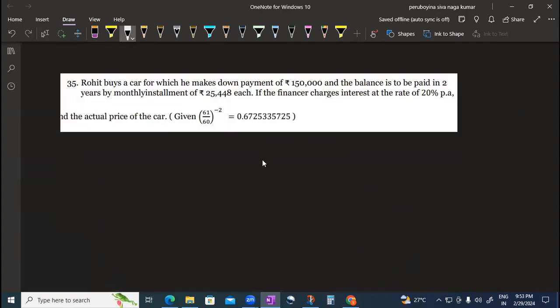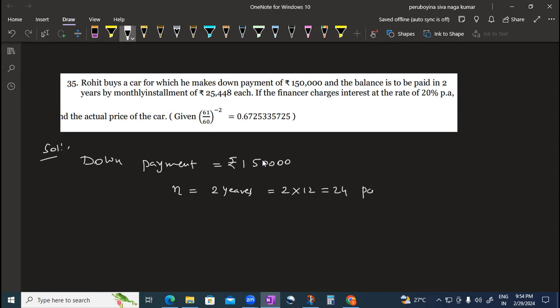In the 35th question, it says Rohit buys a car for which he makes a down payment of 1.5 lakh, or 1,50,000 rupees. The balance is to be paid in 2 years of monthly installments. So what will the N value be? 2 years of monthly installments means 2 into 12, 24 payments. 24 is the N value.